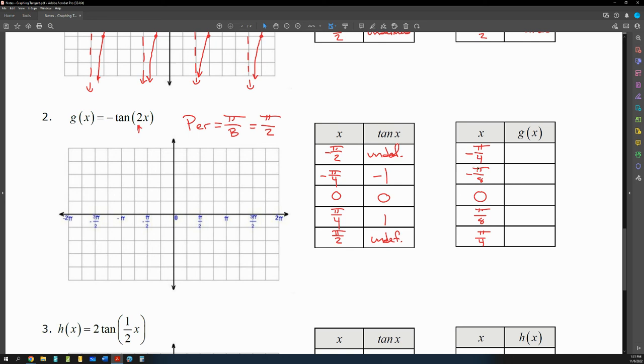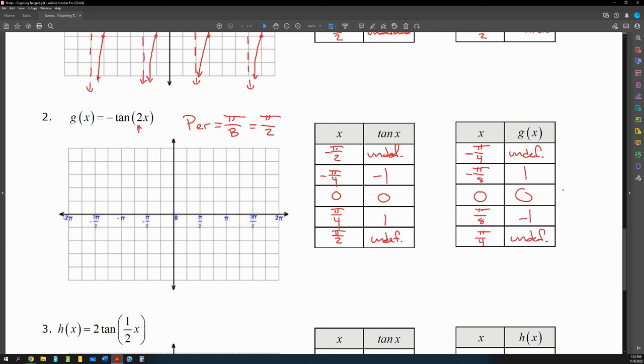We can also double check that if we're going from negative pi fourths to positive pi fourths, the width of that interval is pi halves units. We've got a quarter pi on each side, so if we add those together, that's a total of pi halves. Other than that, the only thing that changes is that the output flips the sign. So now we're going to go undefined, 1, 0, -1, undefined. So all of our function outputs are going to flip in sign.